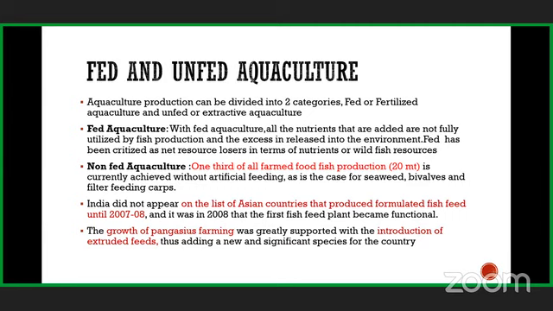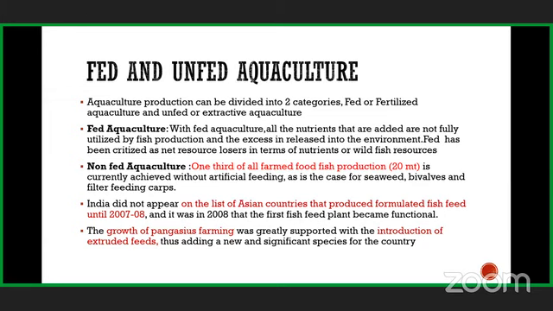Basically we started with unfed aquaculture, which is a simple practice of adding a particular species' seed and leaving it on natural feed. Even in today's world, when plenty of farm-made feeds are available, we still take at least one third of our total production from non-fed aquaculture, by putting just seed in the environment and harvesting.